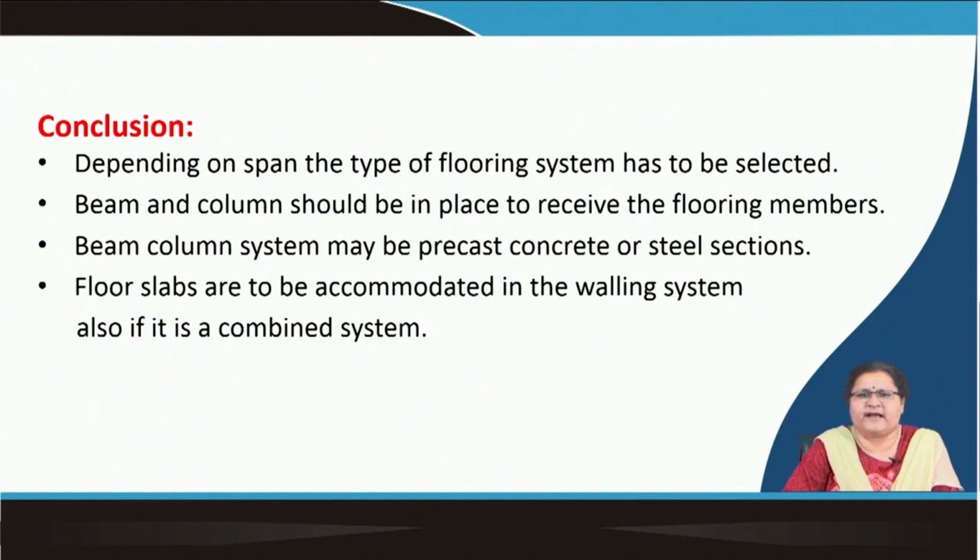Floor slabs are to be accommodated in the walling system also if it is a combined system. If it is not a combined system, it may be lying independently on the structural system, and then the walling may be done with even brick wall or concrete masonry units or aerated autoclaved concrete blocks. So with these we finish this lecture 4.